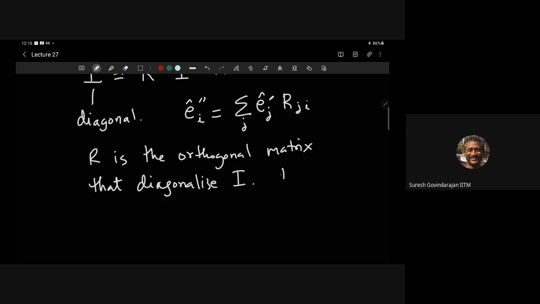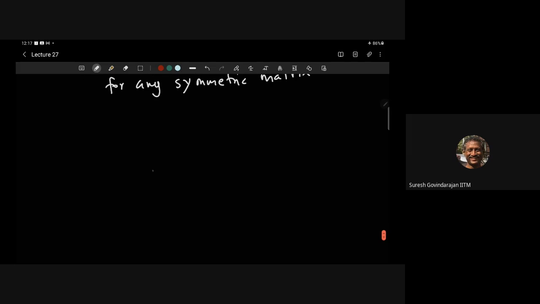For any symmetric matrix, there is nothing special about the moment of inertia. So the picture one has is the following: suppose we had e1 prime, e2 prime, e3 prime. These are not principal axes, but we could always find some new set of axes.